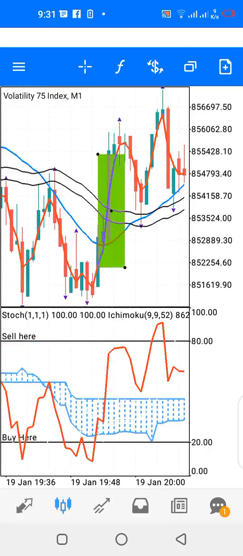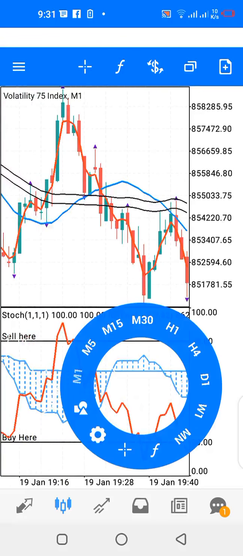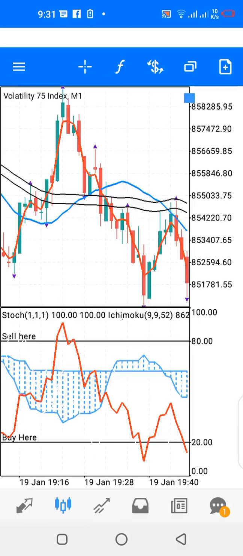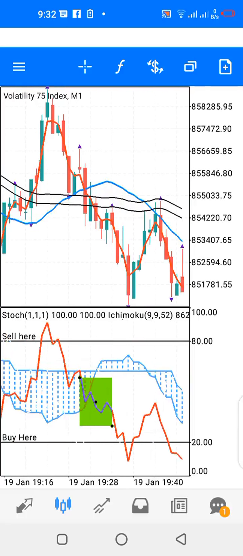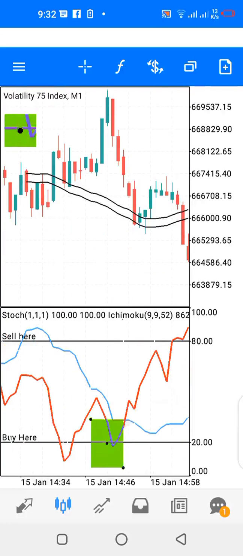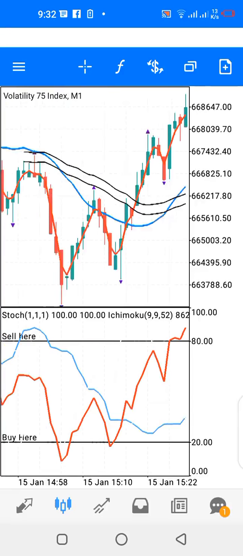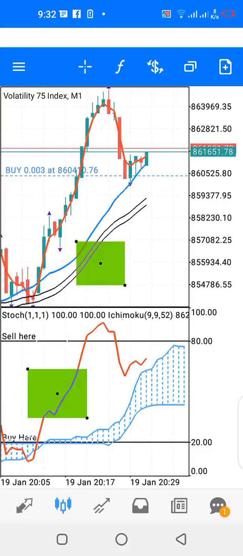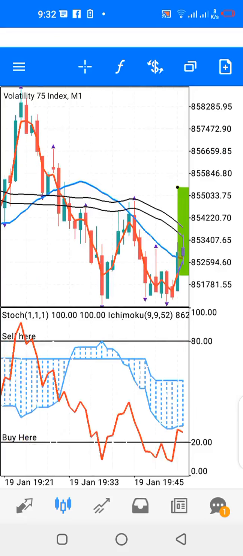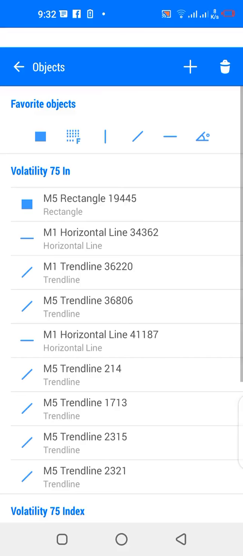Same thing for a sell situation, when the red line crosses down below the Ichimoku, that's your pointer that you can sell. But when the red line touches the 20 level, like we have around here, you can look to buy.